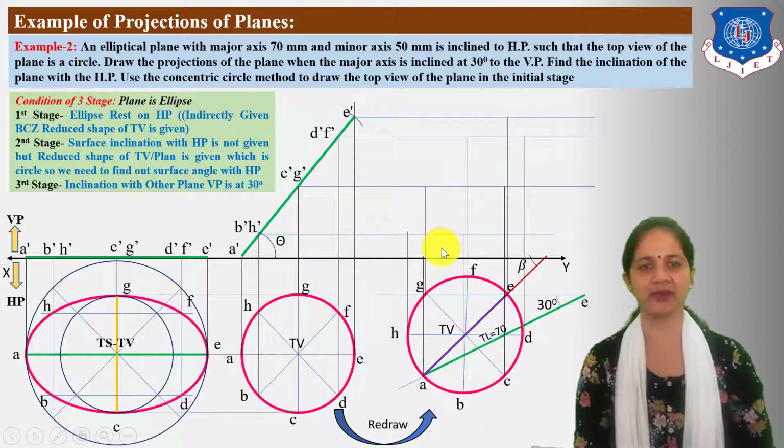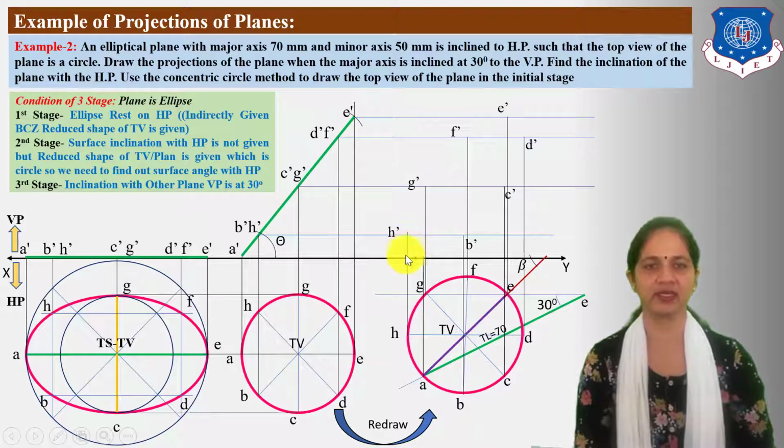So mark here A dash, B dash, C dash, D dash, E dash, F dash, G dash and H dash points. Connect all these points freehand in the form of a curve. So this indicates the apparent shape in front view.